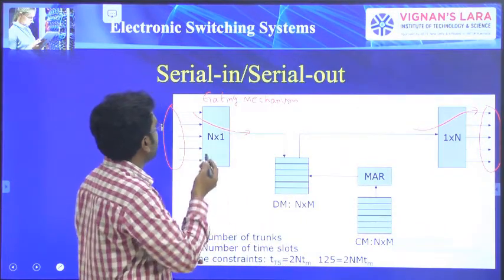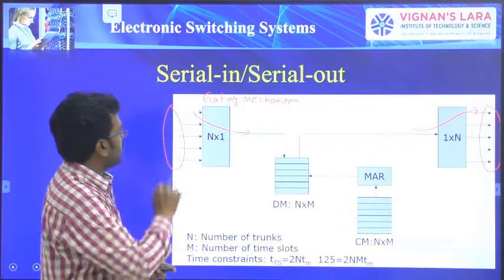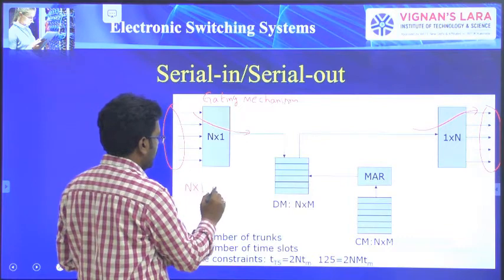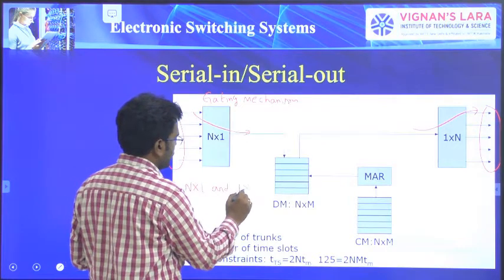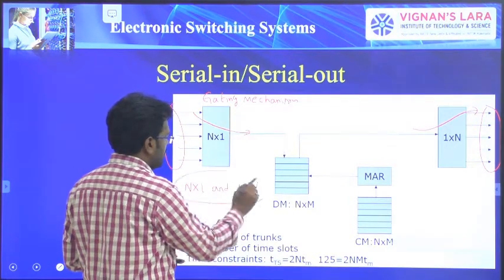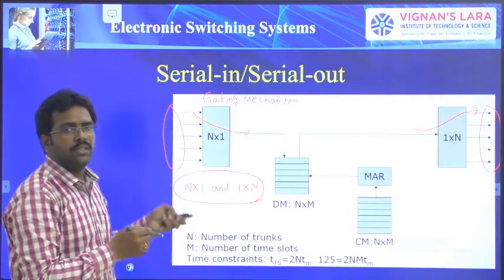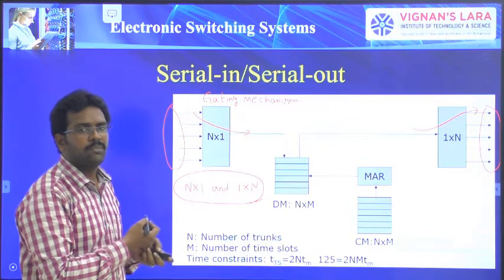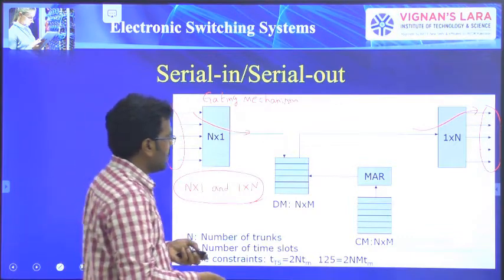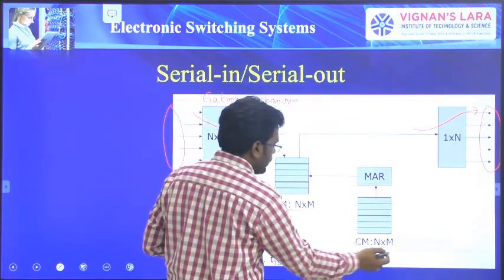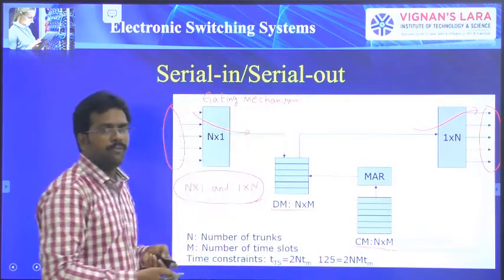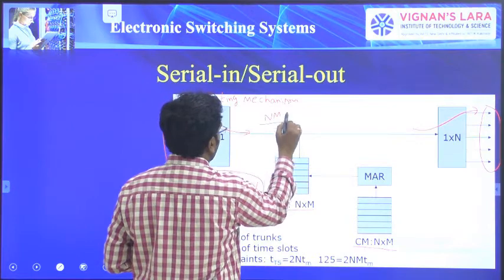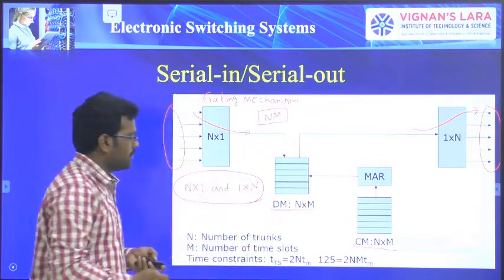It simply looks like an n cross 1 and a 1 cross n switch. Generally speaking, this type of circuit resembles an n cross 1 and a 1 cross n switching matrix. Here we use a data memory as well as a control memory of size nm.